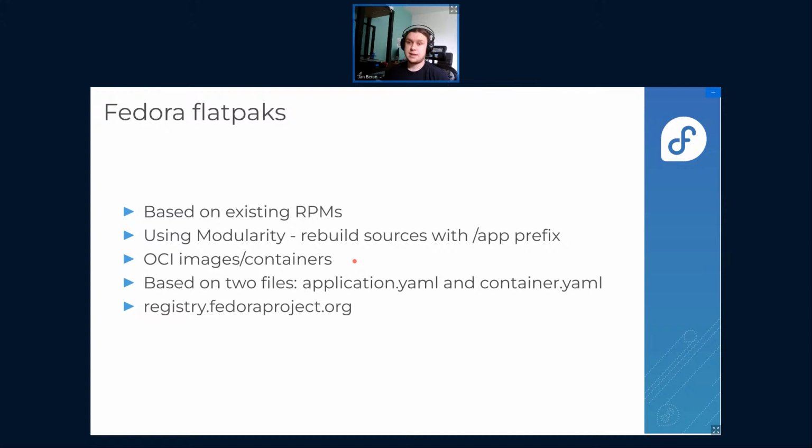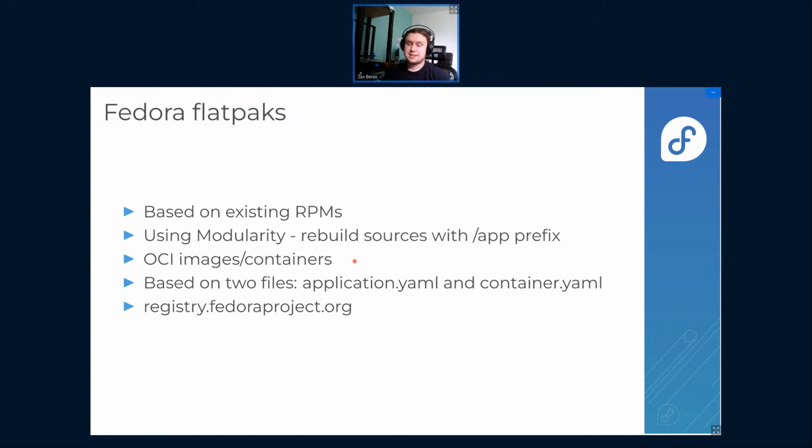FlatHub Flatpaks are based on OSTree, but we are using OCI images, which is simply a Docker container, because Fedora infrastructure handles Flatpaks in the same way it handles server containers. It's convenient for the Fedora infrastructure that we use one tool or one process for two things. It's simpler.